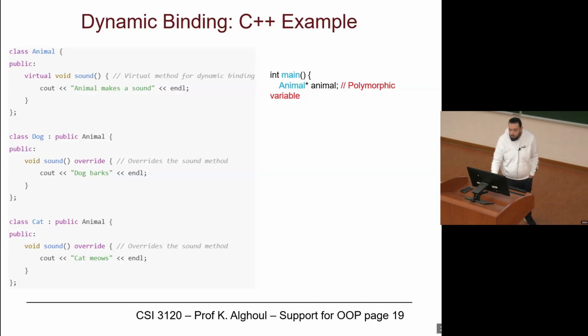So as we said, usually in the main, you can actually write something like this with the pointer thing, the address, and then if you define a polymorphic variable, what's going to happen now if you want to add the class dog and cat?